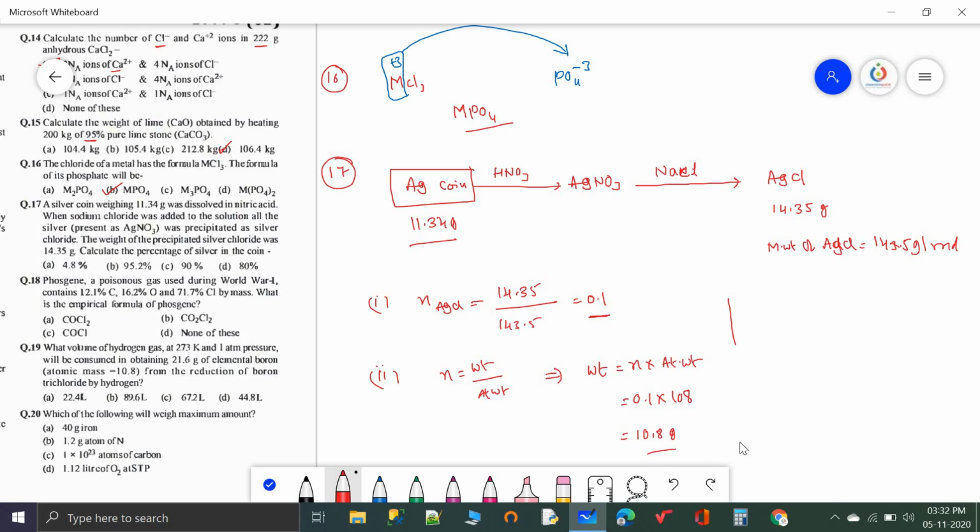Now let's calculate the percentage of silver present. Percentage of silver means the total amount of silver present divided by the total mass, that is 11.34, into 100. So here we shall get approximately 95.2 percent. So option B is correct.